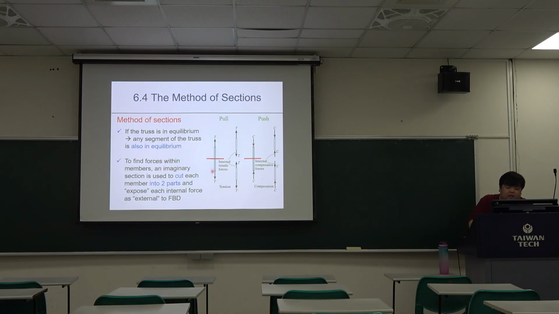Like in this figure, when we cut this member, we can get the internal force, when the member carries a compressive force also. When we cut this, we can get the internal force here.